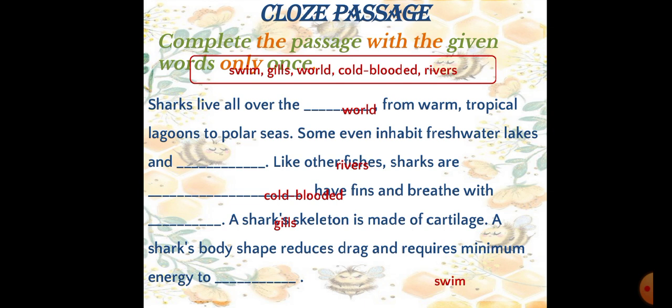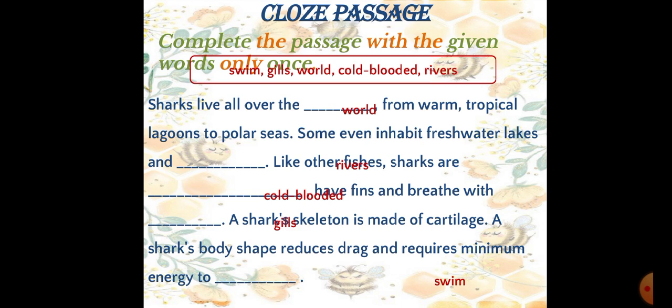You have to check whether it makes sense. Then some even inhabit freshwater lakes and dash, because here they have given us freshwater lakes, and it tells us about the river. So river is the meaningful word. Then, like other fishes, sharks, and dash have fins and breathe with.